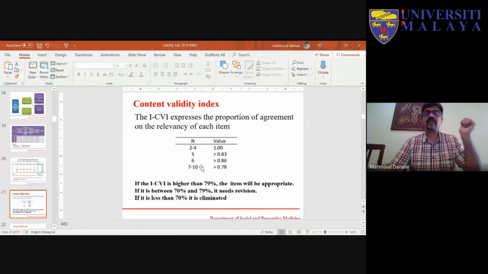If you have 5 experts, the cutoff point is recommended 0.83, 6 experts 0.86, and above 7 experts, the cutoff point is 0.7. So 0.7 or 79% is the cutoff point for acceptance of the content validity of each item.